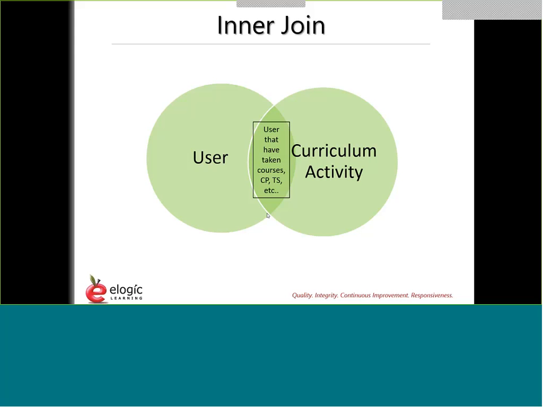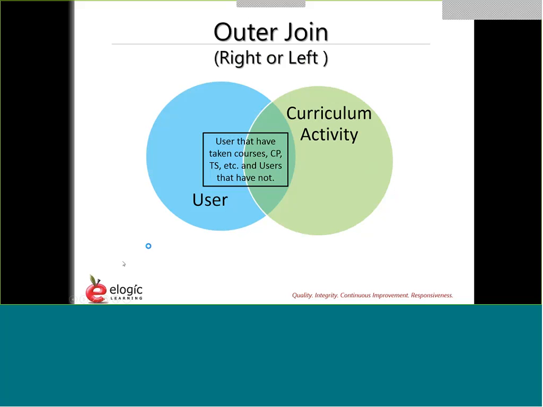If you want to take information that may not be linked in those 2 data sources, then you want to do an outer join. An example would be if I want users that have taken courses for compliance paths and training sessions, but also users that have not registered or not taken that curriculum.